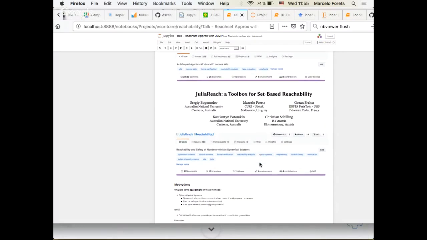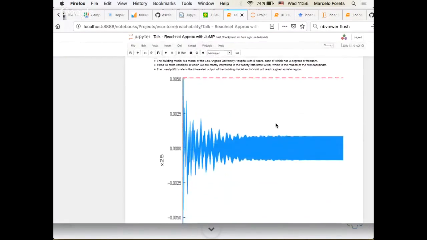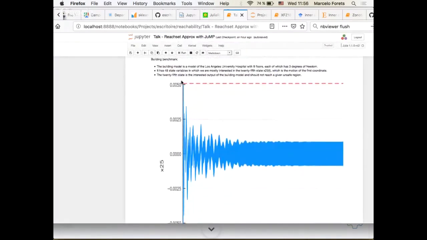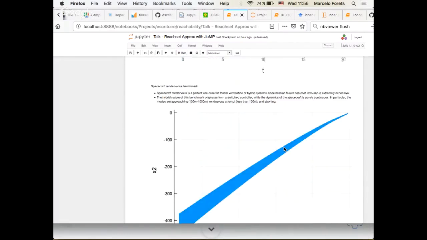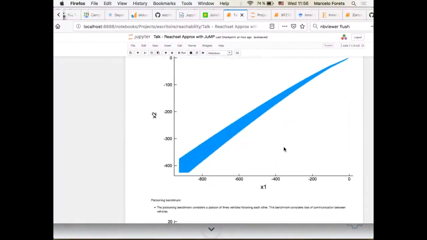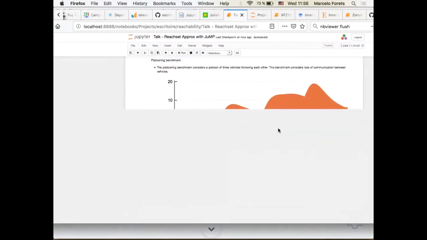You are able to define some constraints that the systems should satisfy, and then you want to be able to check if this is the case. I'm showing some examples. You can find more reproducibility evaluations in our packages for systems that are either continuous or hybrid.